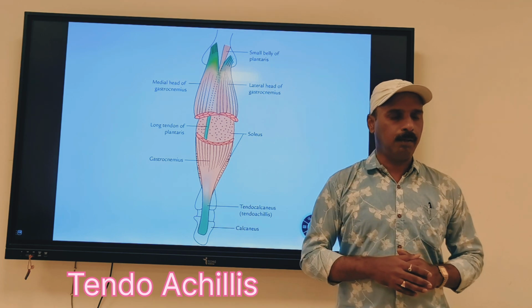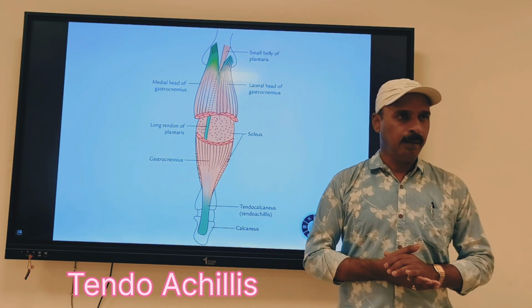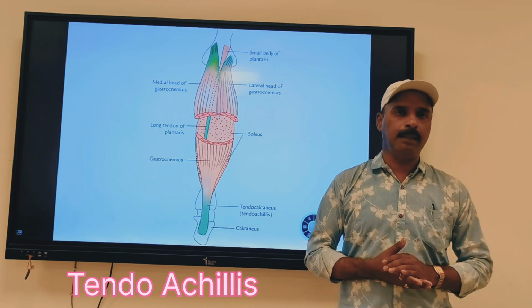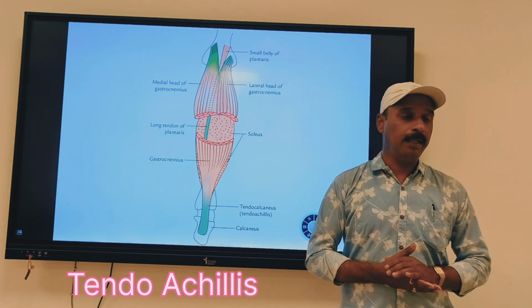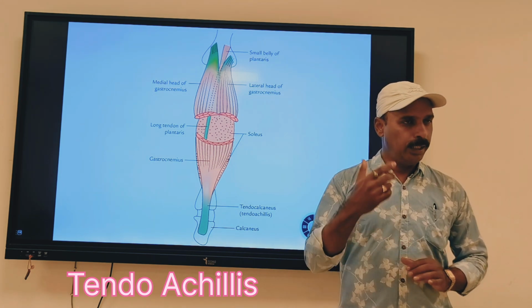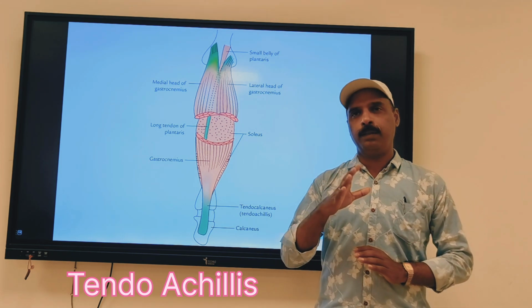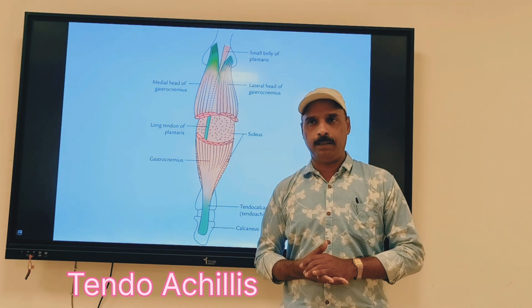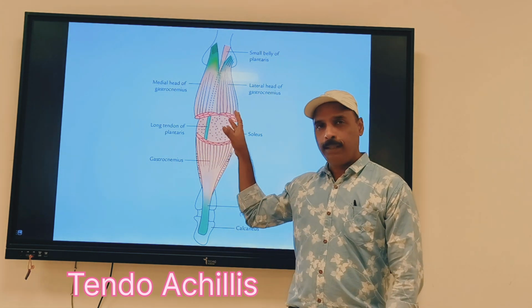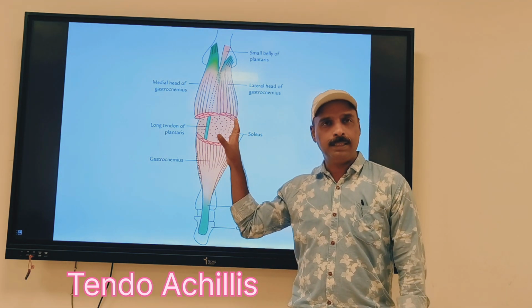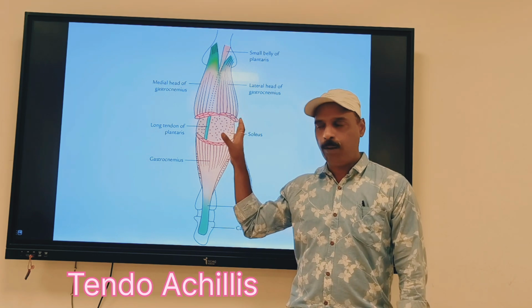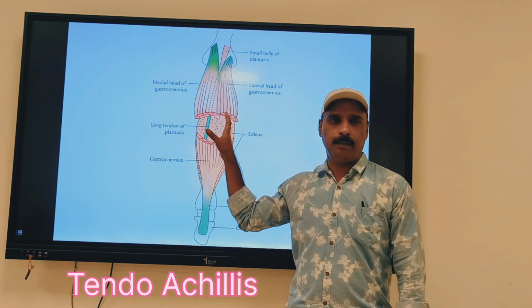According to the Greek legend, Achilles was a great, invincible, irresistible warrior, which means he was a very great warrior. His mother was a sea goddess, and she wanted to protect her son.